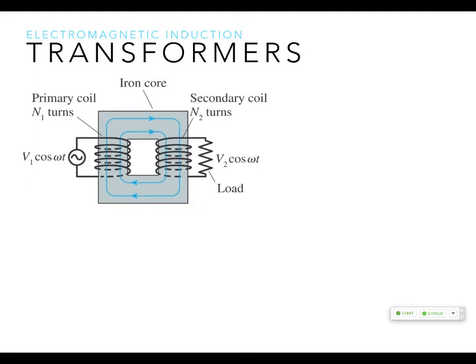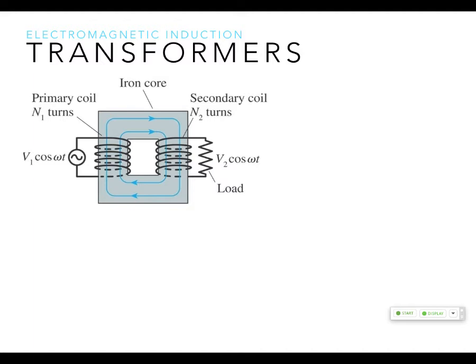Here's our secondary coil. And we have this situation where the flux through this has to be equal to the flux through that. And now why is that? You can't lose flux. Well, what keeps the magnetic field flowing continuously? This core, right? The iron core.